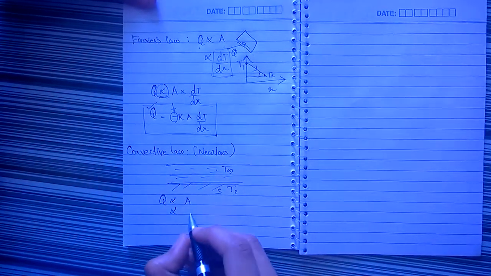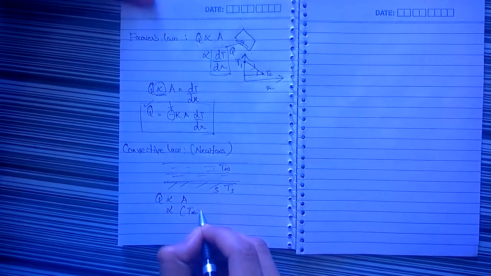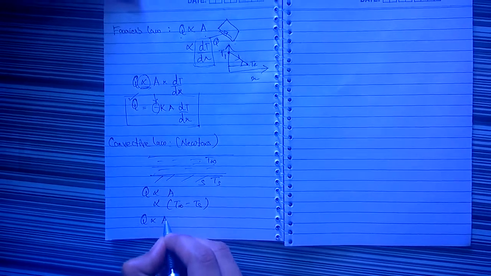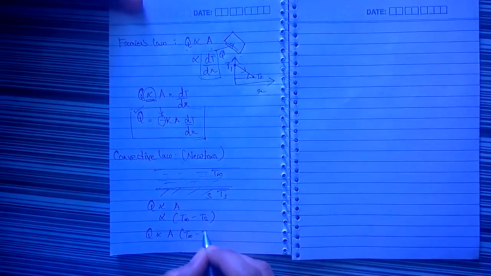It is also proportional to the difference in temperature between the fluid and the surface. So we can write Q is proportional to A multiplied by T infinity minus Ts.